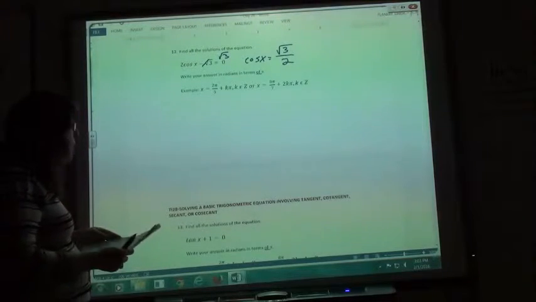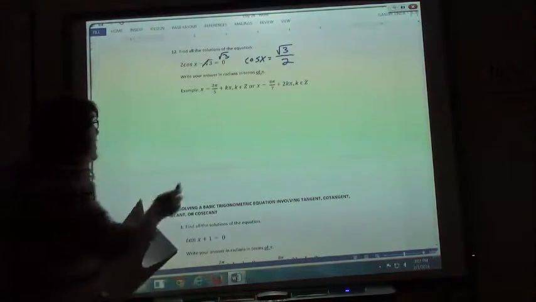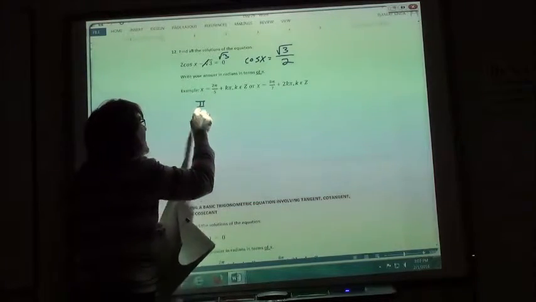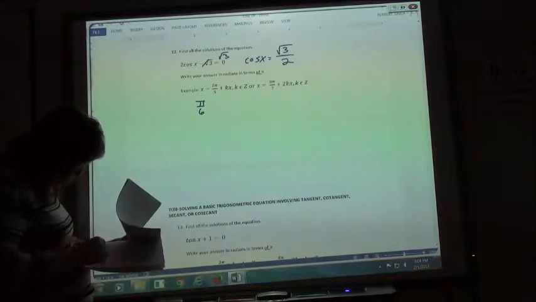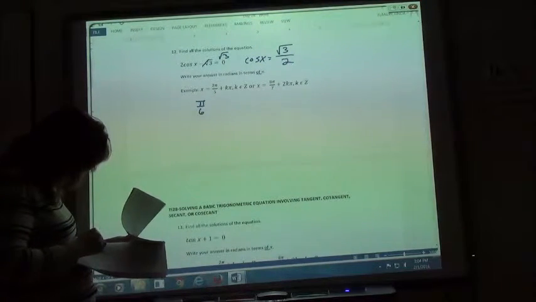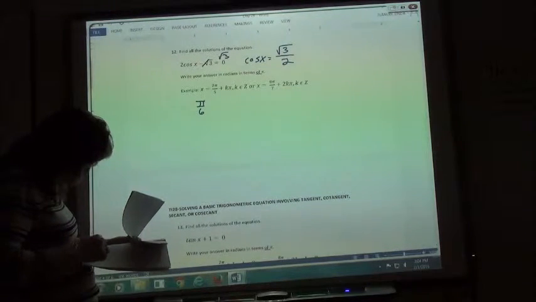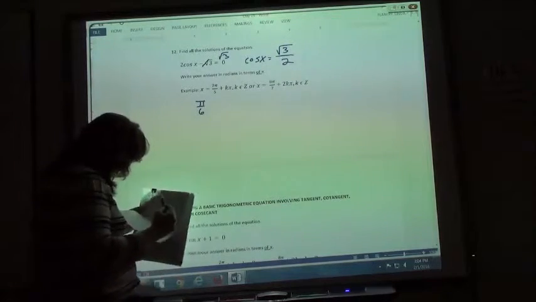So if I look up on my table, where is the cosine of x equals the square root of 3 over 2? We have it at pi over 6, and then we have 11 pi over 6.